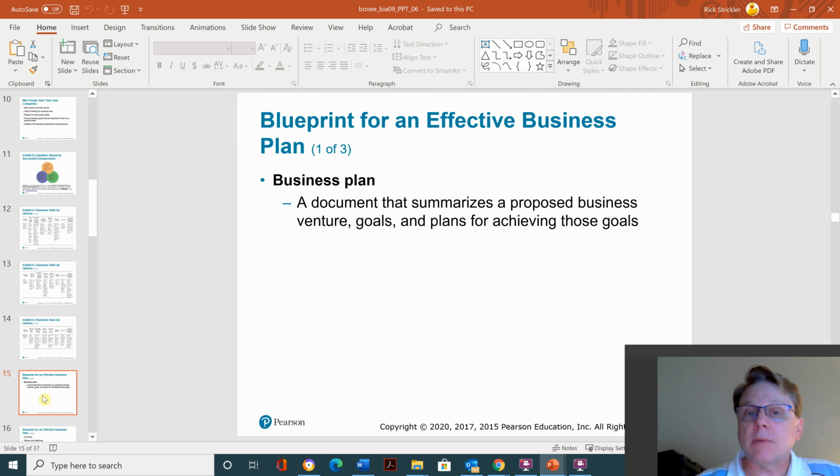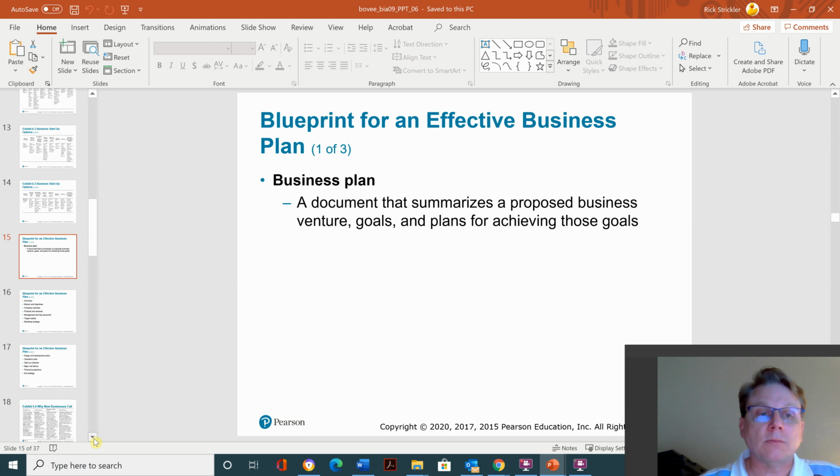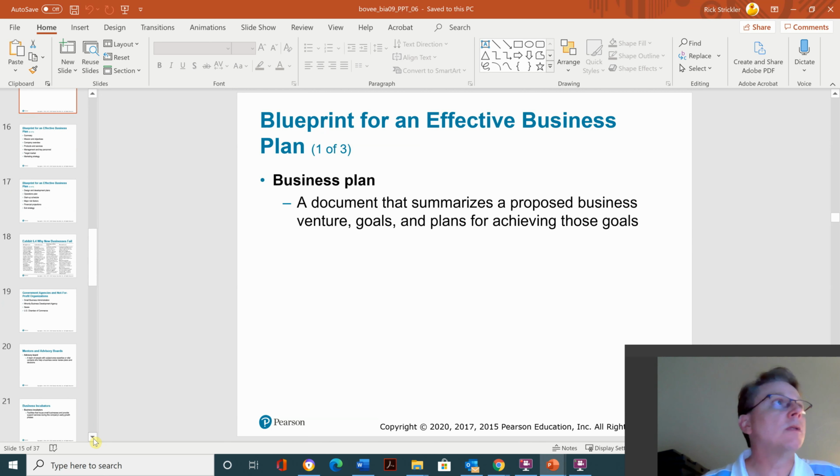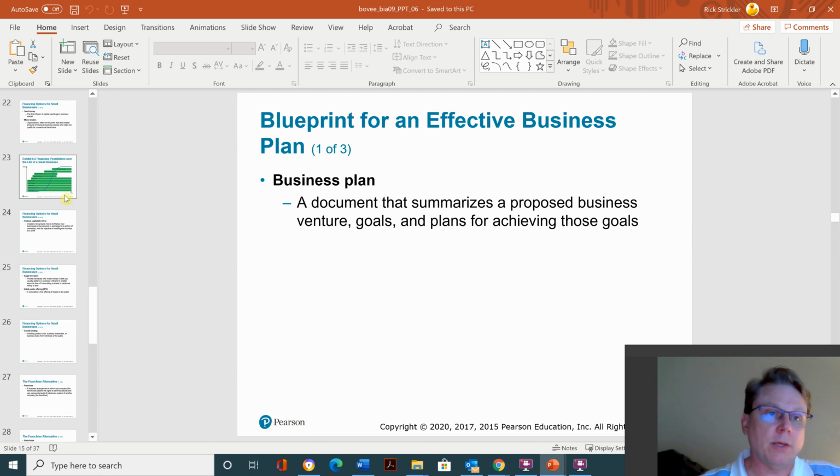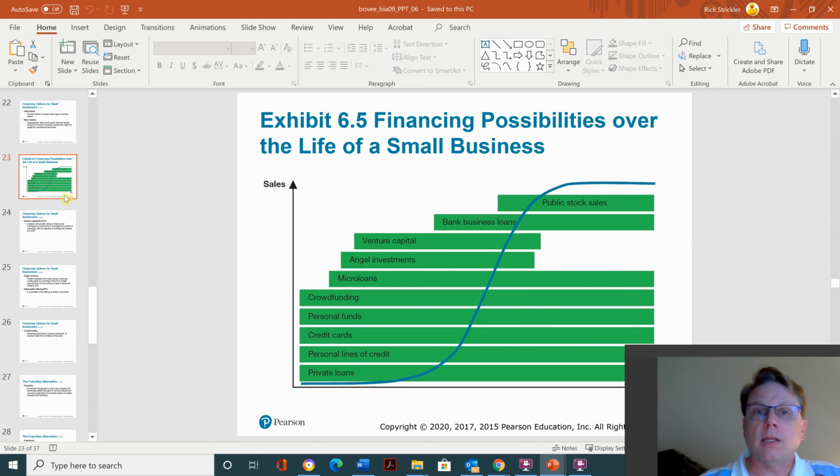Business plan: a document that summarizes a proposed business venture, goals, and plans for achieving those goals. Okay, and then we go down here, and here are the financing possibilities over the life of a small business.